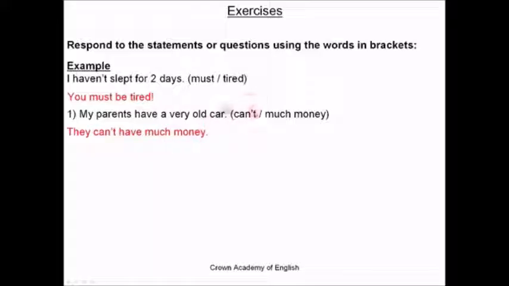Okay, so this is the negative, and we are quite sure that they don't have much money. They can't have much money. We are pretty sure that they don't have much money, so we say can't. Question 2.